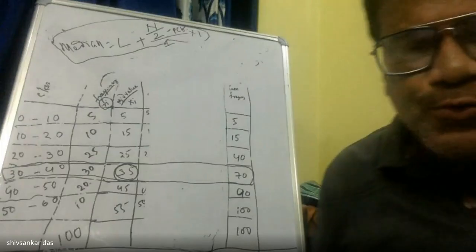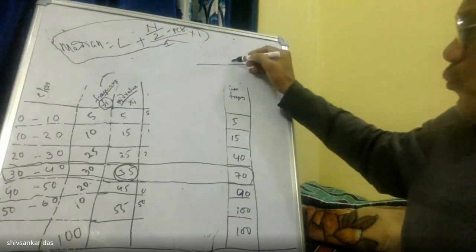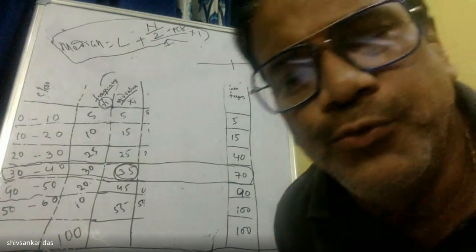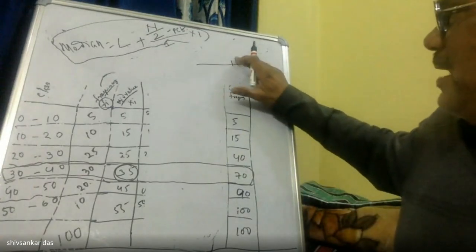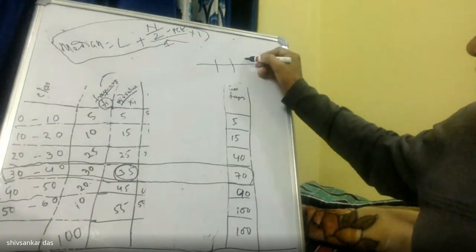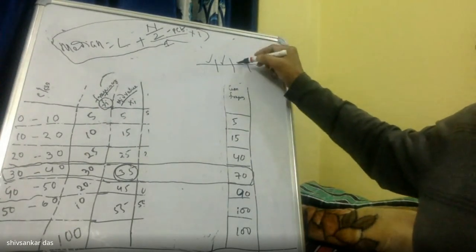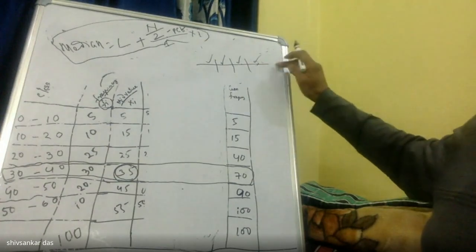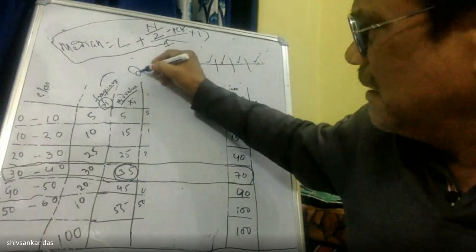Then I'll go to what I have done. I have divided the entire distribution into 2 equal halves. If I divide the entire distribution into 4 parts, 1, 2, 3, 4, I'll say this is called quartile.